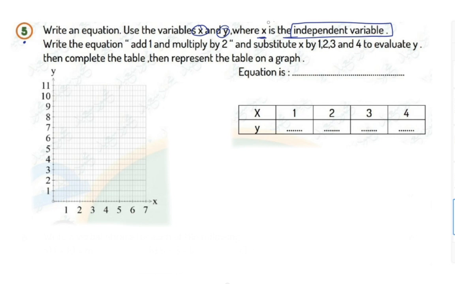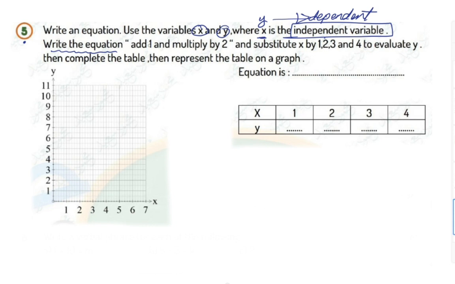Of course, y is the dependent variable, so he determines it for us. x is the independent variable, and the other one will be the dependent variable. Write an equation. This is the first part of this question.